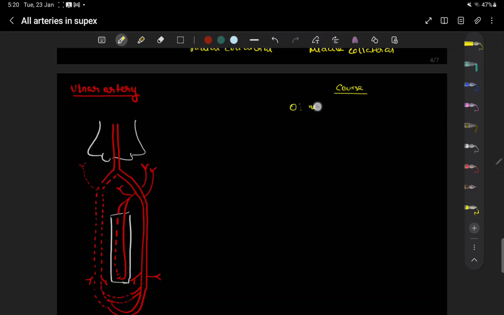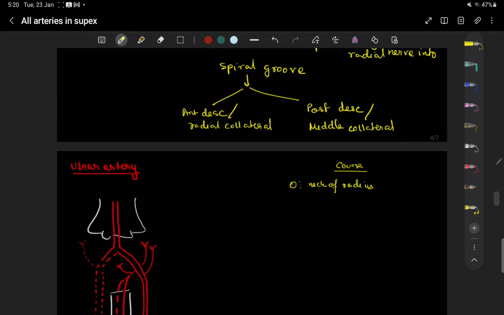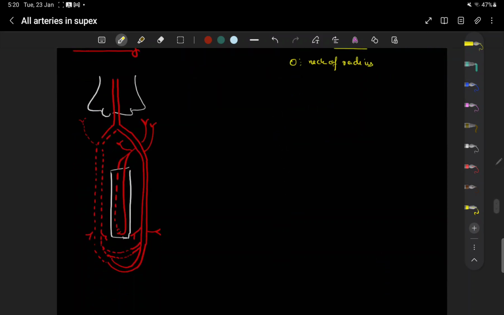The origin is at the neck of the radius. Definitely it's a continuation of the brachial artery. So it will move towards the medial side of the forearm. That's pretty obvious.